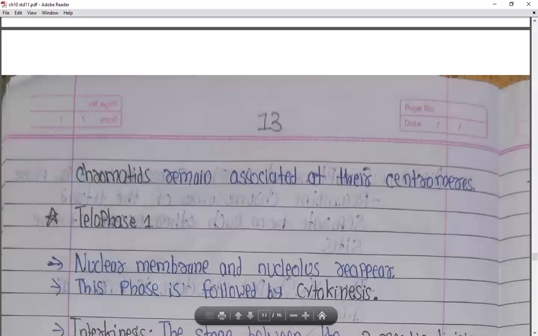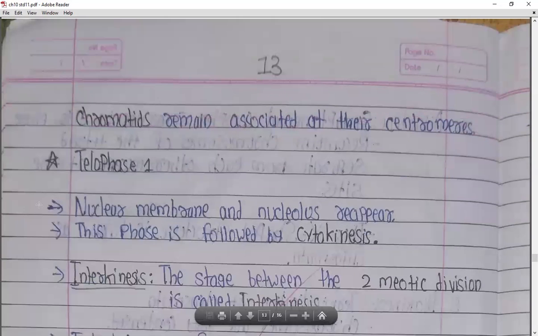The fourth phase is telophase 1, and here the nuclear membrane and the nucleolus reappear. As you know, the two cells are about to divide, so the nuclear membrane and the nucleus start to reappear. This phase is followed by cytokinesis, which is nothing but the division of one cell into two.